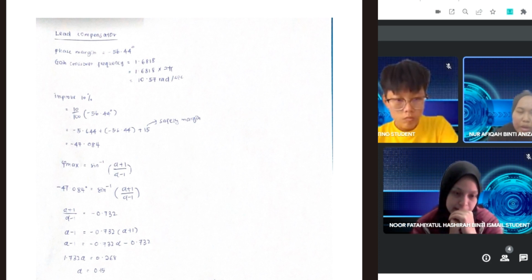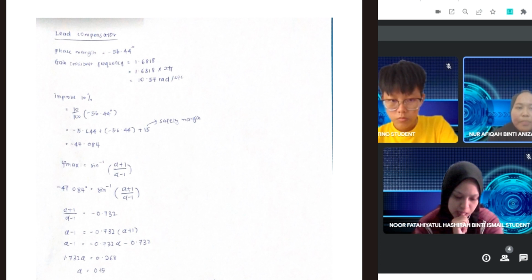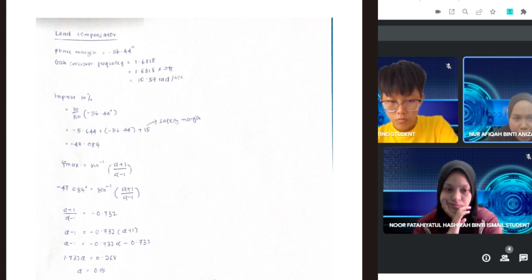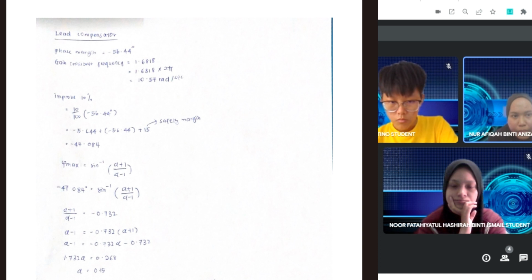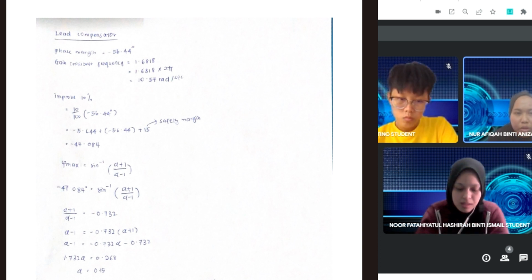To this we add 15 because it is the safety margin. The value we got, we put into the phase margin formula, which is phi max equal to sine inverse of alpha minus 1 over alpha plus 1, and we got the alpha value 0.15.